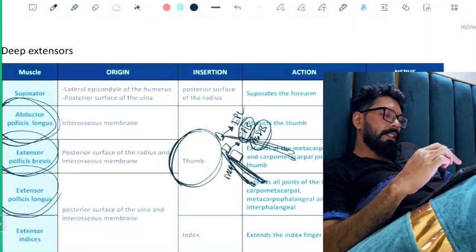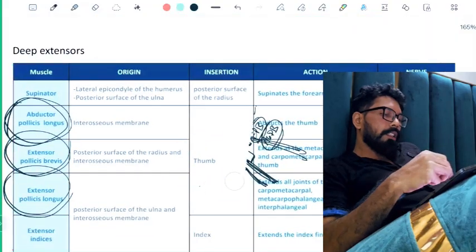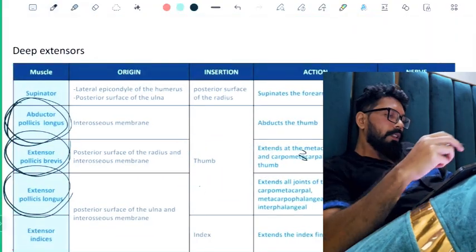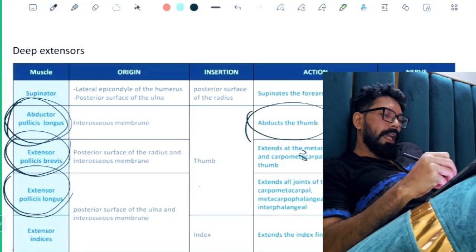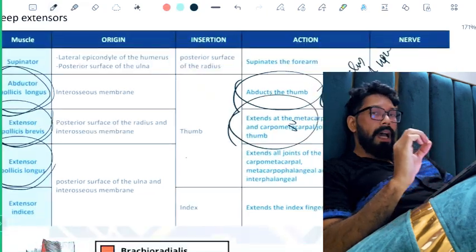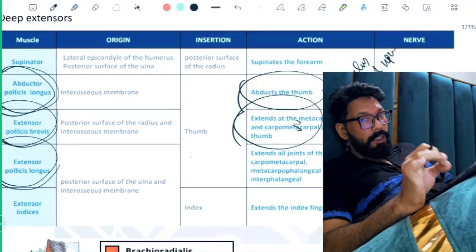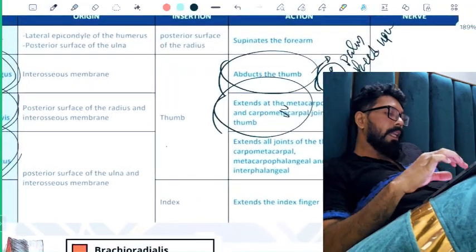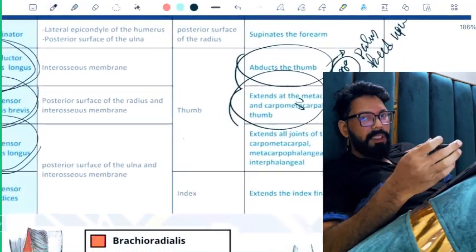So only these, and the action of this one: abduction of the thumb. Make the thumb 90 degrees while the palm faces upwards. Mark my words, guys, these are very important. They will ask you questions from here. Then extensor pollicis brevis, not so important. They don't ask.